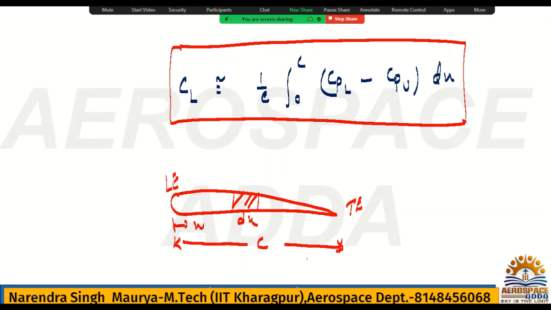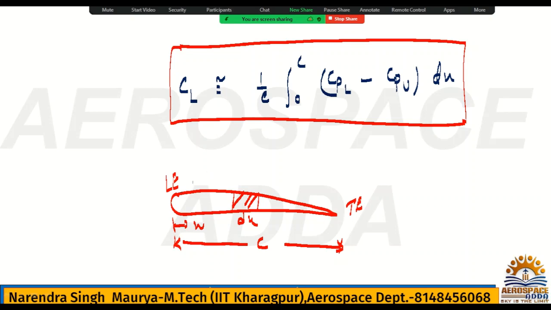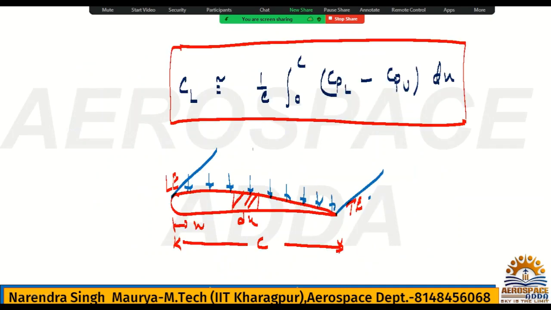For this airfoil, if the distribution is given like this, even if it is a wing, no problem, the same formula you can use. Here I have taken unit length, so for a wing you can multiply by that length. This is just for understanding.